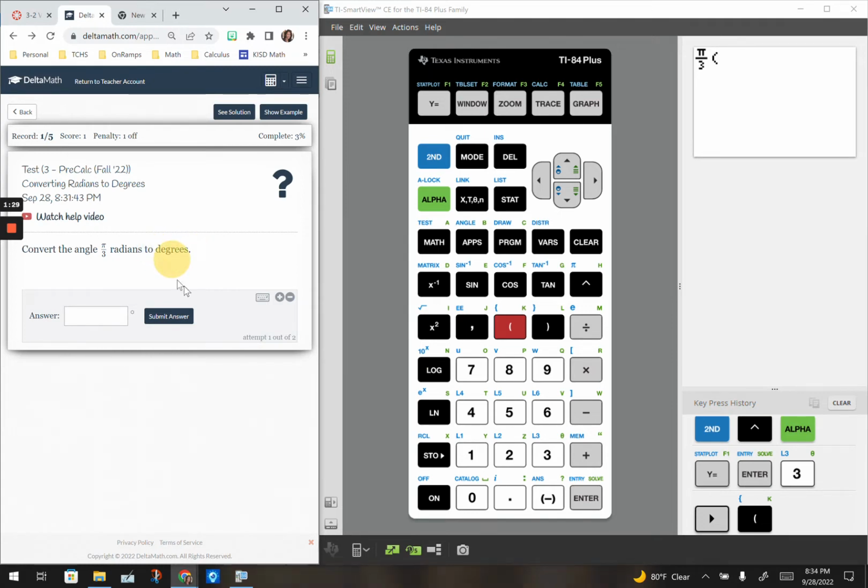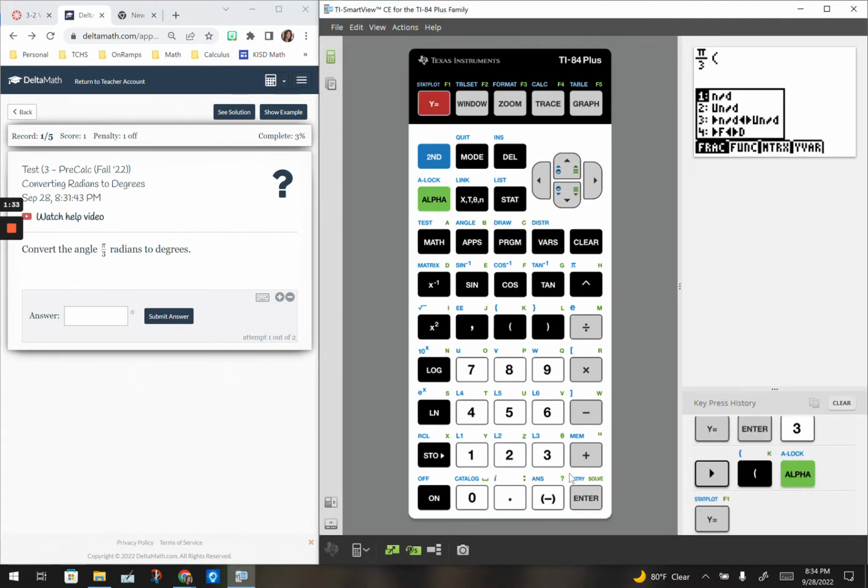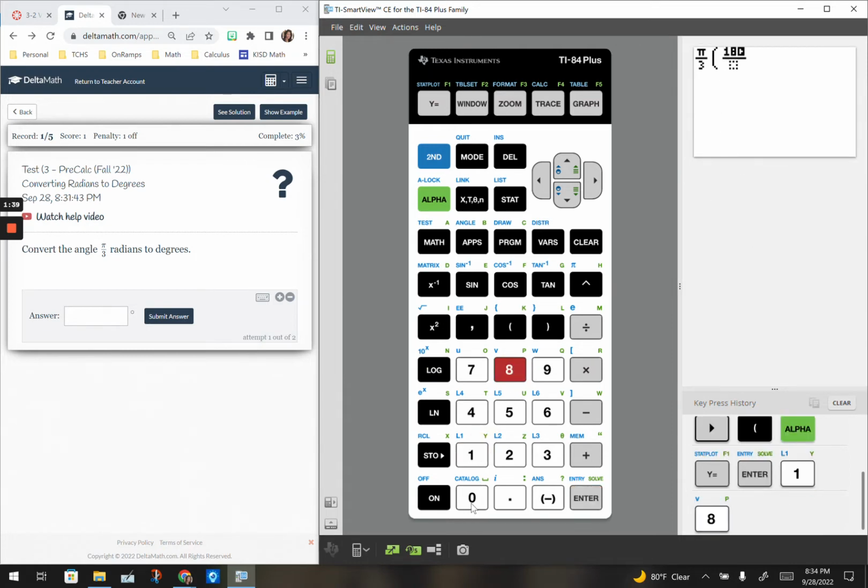So that means that when I multiply pi over 3 by the conversion unit, I would like to put the 180 degrees in the numerator because I want to end up with degrees, and I am going to put the pi radians in the denominator by pressing second this button, the caret symbol, and that will give me the final answer.